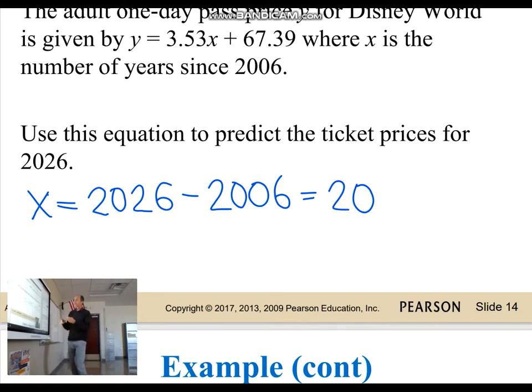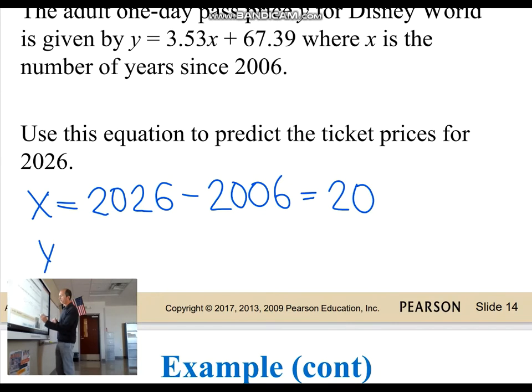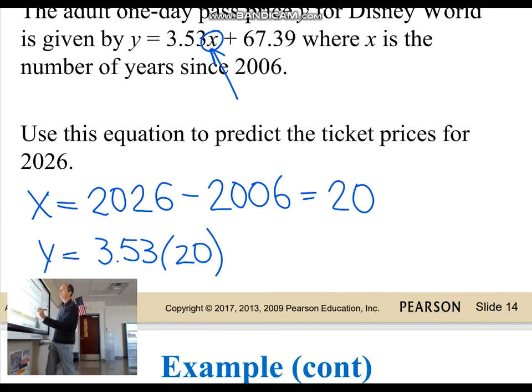Use the equation. Now bring here the equation, y equals 3.53, and to find the answer, we need to plug in the number of years here, right? Times 20 plus 67.39.